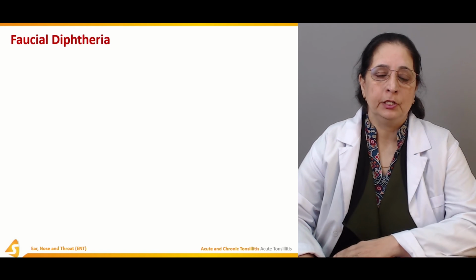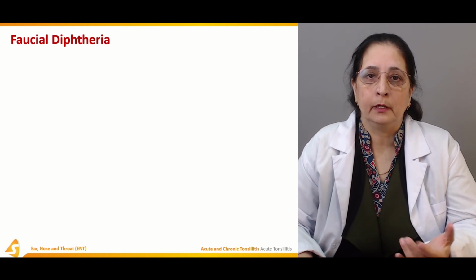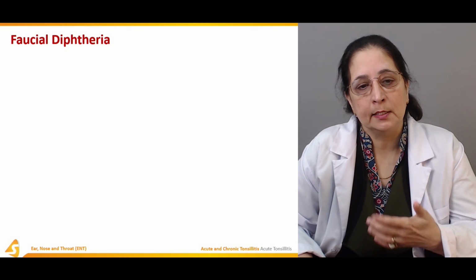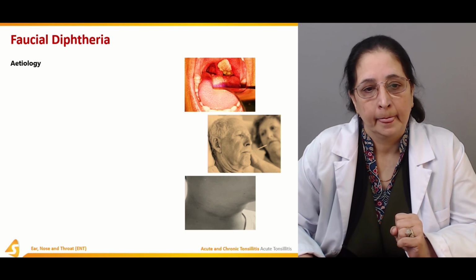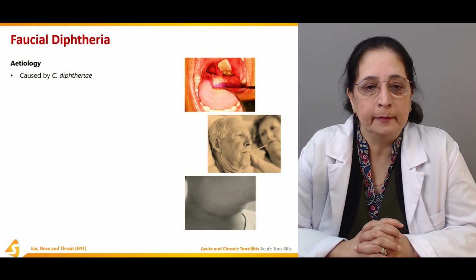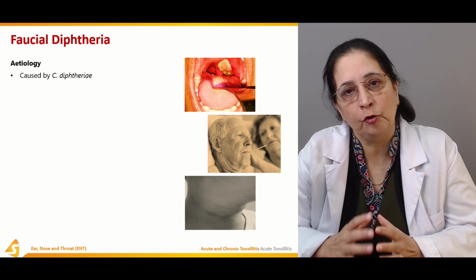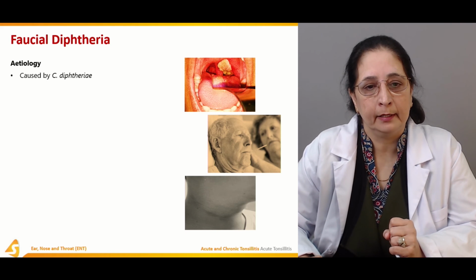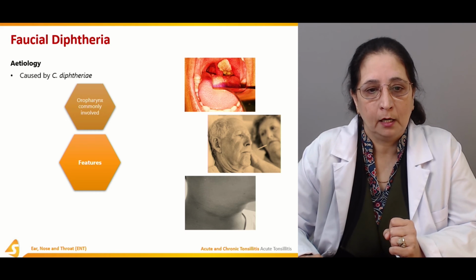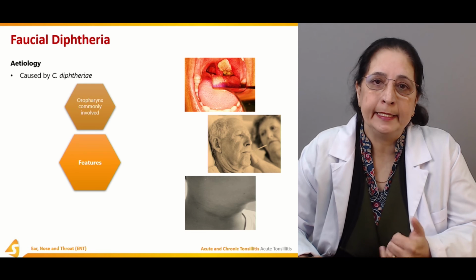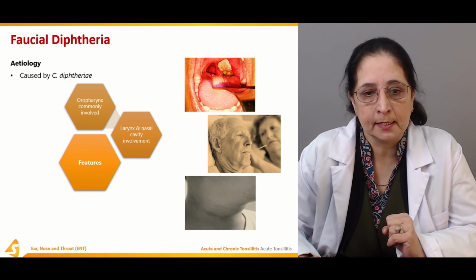Next condition I want to talk about is faucial diphtheria or the tonsillar diphtheria. The cause is Corynebacterium diphtheriae. That's the microorganism that causes faucial diphtheria. Its commonly involved site is the oropharynx.